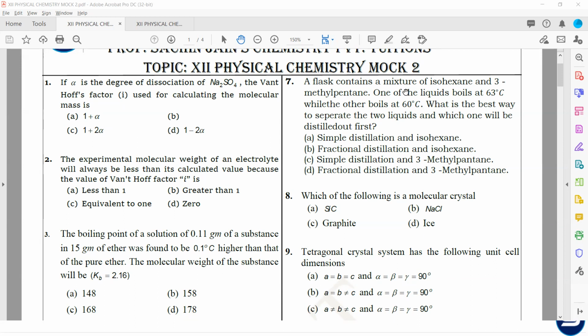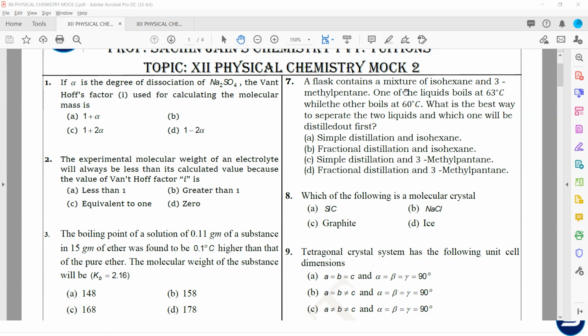Now remember in the branched alkanes, if you have the branch closer to the parent chain and if you have the branch away from the parent chain, then the one which is closer will have a lower boiling point. मतलब आइसोहेक्सेन जो कि 2-methyl pentane है वो 60 पे बॉईल होता है and 3-methyl pentane would be boiling at 63.